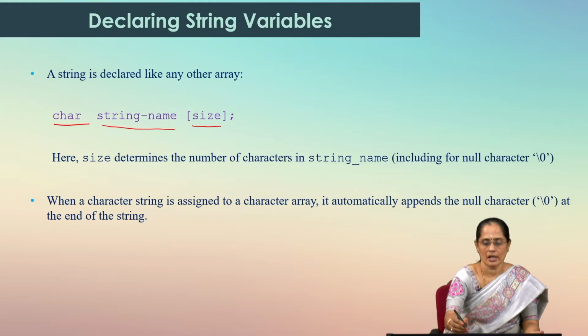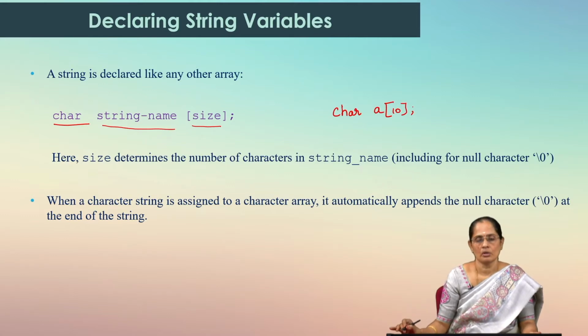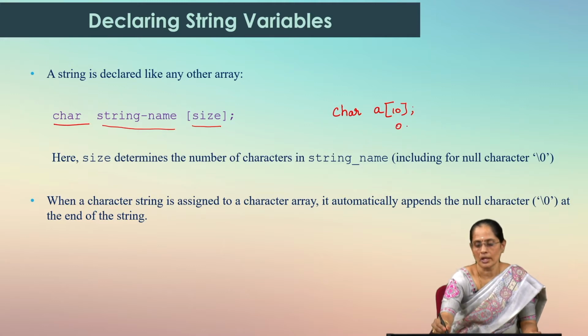For example, we can declare char A[10], which means that I can store 10 elements in this array, with indices from 0 to 9.